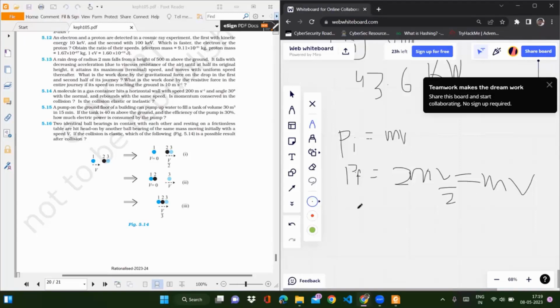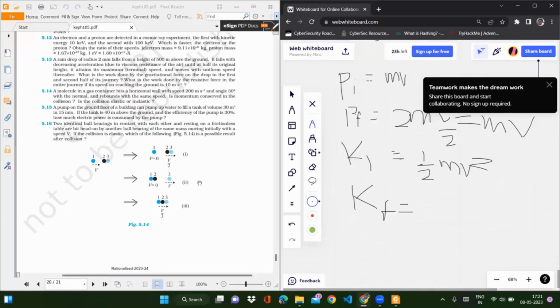But is the second condition satisfied? Kinetic energy initial is half mv².